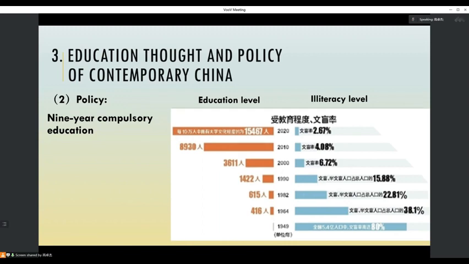But in 2020, the illiteracy level went down to 2,000. And there are more and more people in China who have the passion.